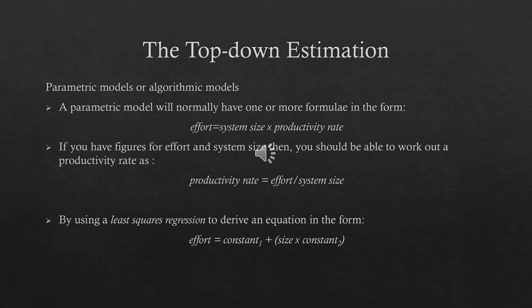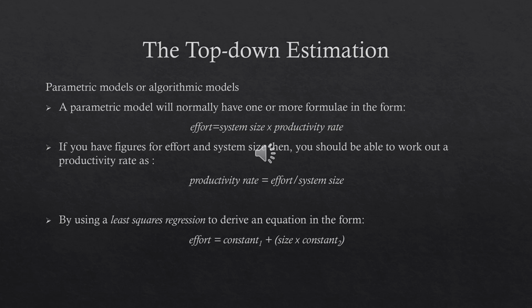The effort can be calculated based on the system size. Two constant values can be used. It is a technique we use in statistics known as regression, and that method is least squares regression. By using least squares regression, we can derive an equation based on the parameter system size to calculate the effort.